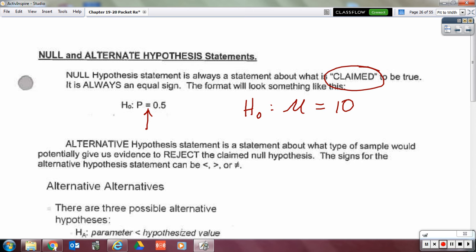If it's a proportion problem, you have P equals. If it's a mean problem, you have mu equals. Now the alternative hypothesis statement is a statement about what type of sample would potentially give us the ability to reject the null.